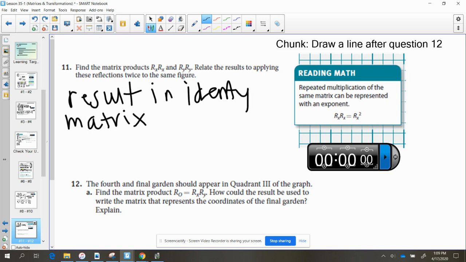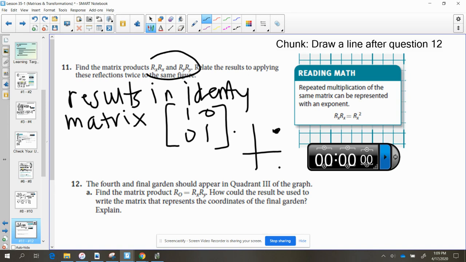And a reminder, that's just where it's positive ones along the diagonal, aka it's like multiplying by itself. If you reflect something over the x-axis and then you reflect it back again, it's just going to end up back in its starting location. Same thing with reflecting it over the y-axis. So what happens here is if you take the reflection over x over the reflection over x, you're just back to the beginning. Okay.